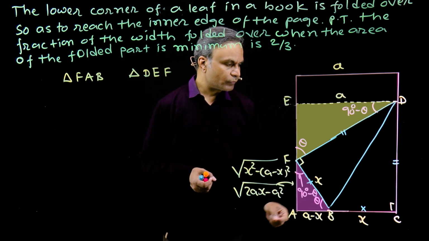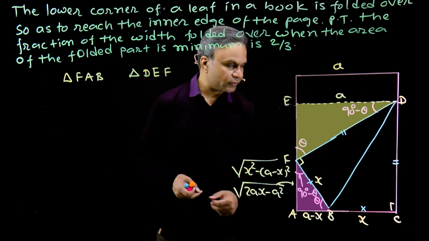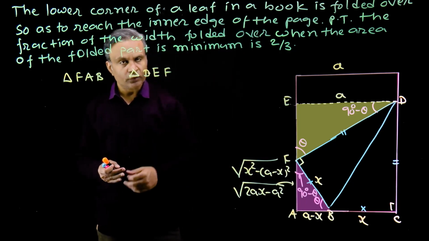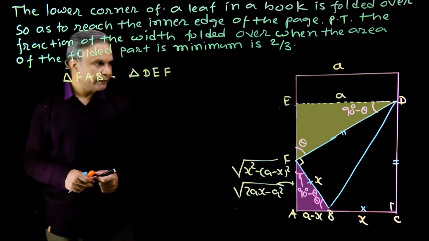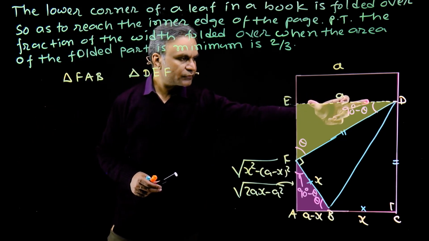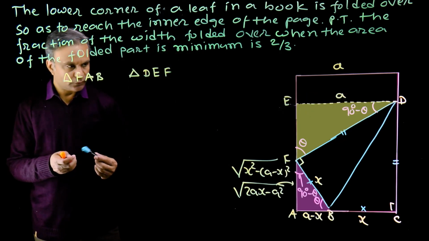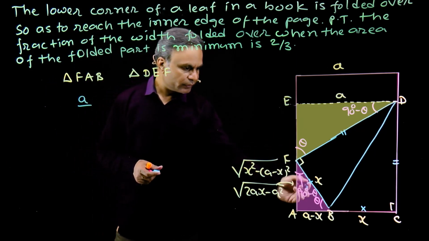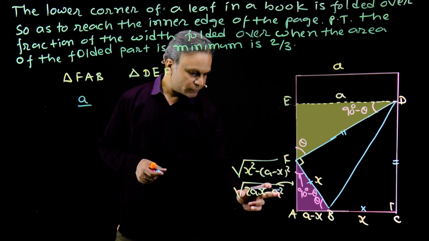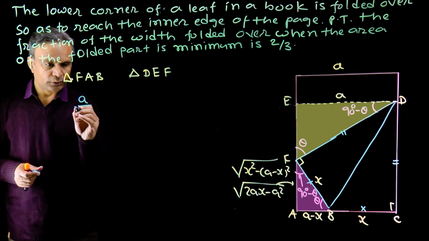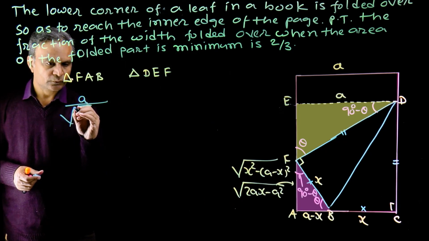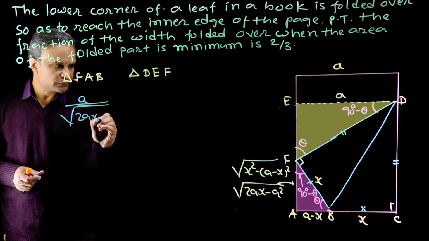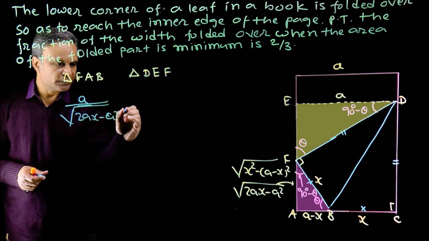We will try to get length FD by comparing the ratio of corresponding sides. This is a. So we have a upon a, which is opposite to angle theta, and here the side opposite to angle theta is root 2ax minus a squared.